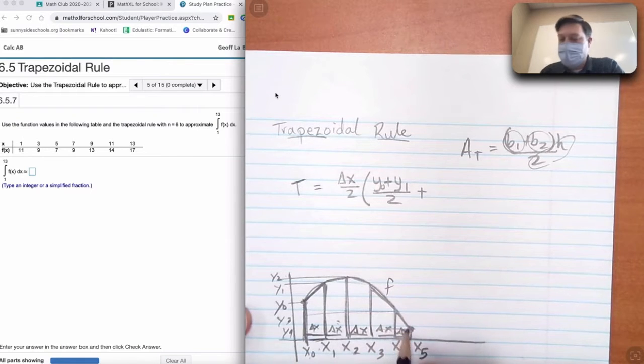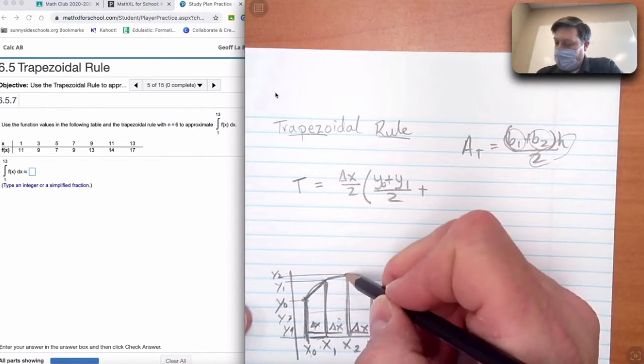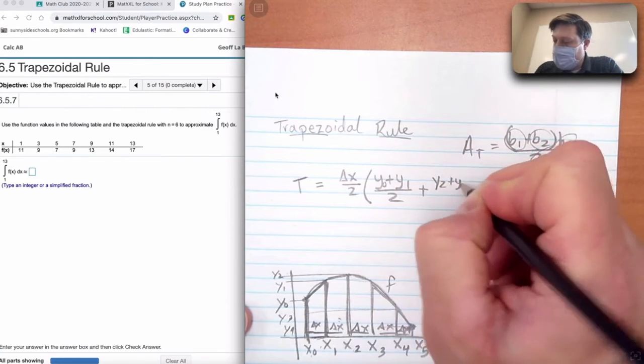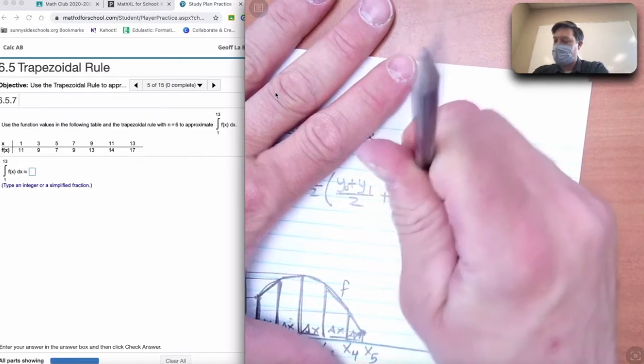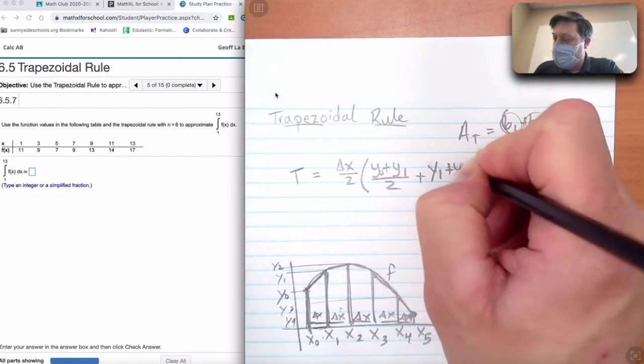When we talk about adding up trapezoids, we're not going to worry about writing down delta x every single time. It's just going to be factored in. But we do have our base 1 plus base 2 amounts. Let me write it this way, I'm going to put y1 next to the other y1.